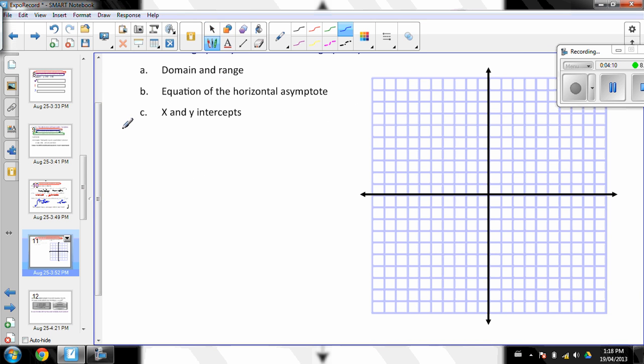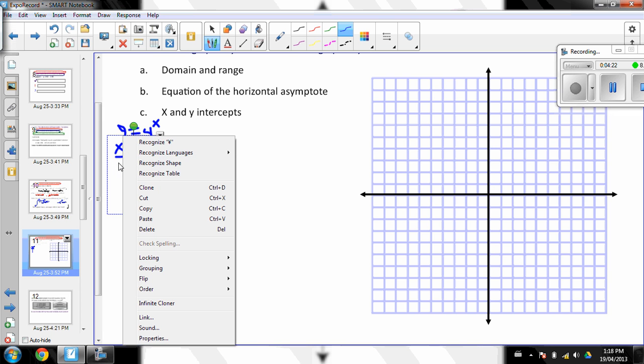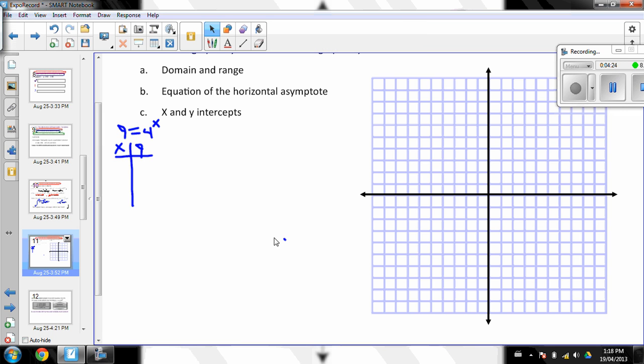So our first graph is y equals 4 to the x. So that's the first thing we need. We need some points, x and y. So we're going to take x is negative 2, x is negative 1, x is 0, x is 1, x is 2.